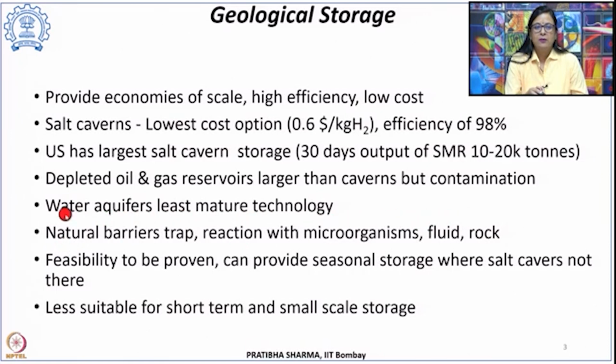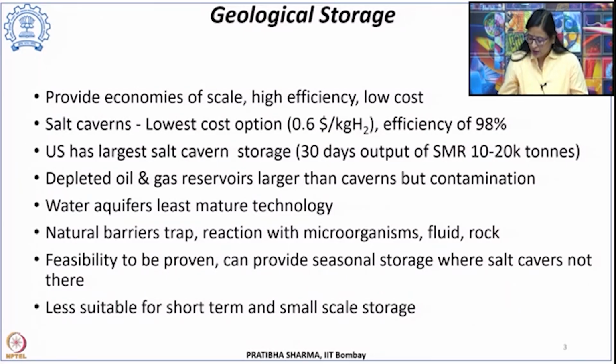The feasibility of this particular method of storage, that is water aquifers, is still to be proven, although they can provide seasonal storage. Both the depleted oil and gas reservoirs as well as aquifers can provide seasonal, large scale, long term storage at places where salt caverns are not available.